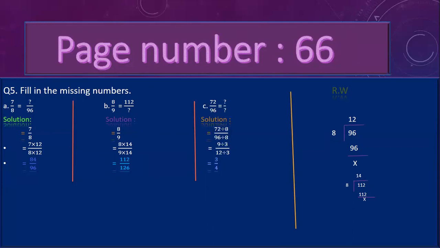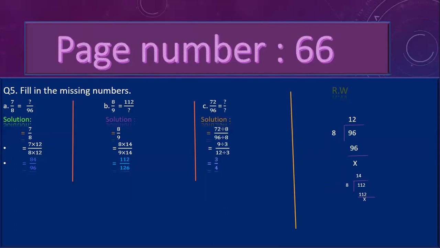After dividing 112 with 8, we see that the quotient is 14. So definitely we must multiply 9 with 14 to get the missing number. When we multiply 9 and 14, 126 is the answer of the denominator, which is the missing number.